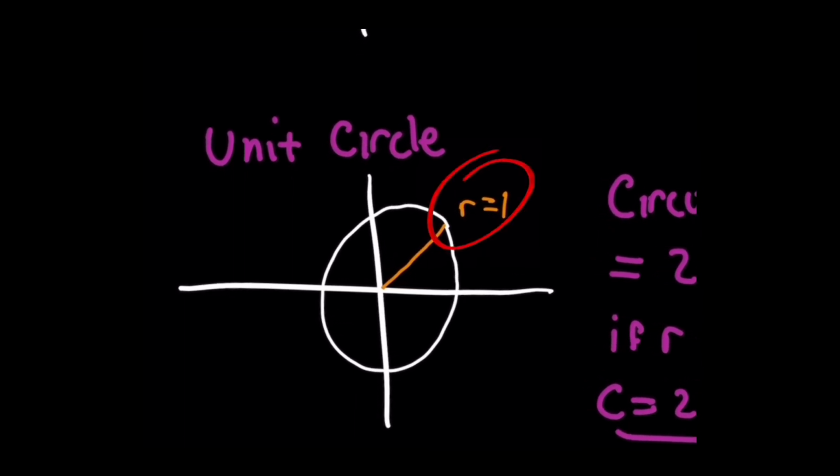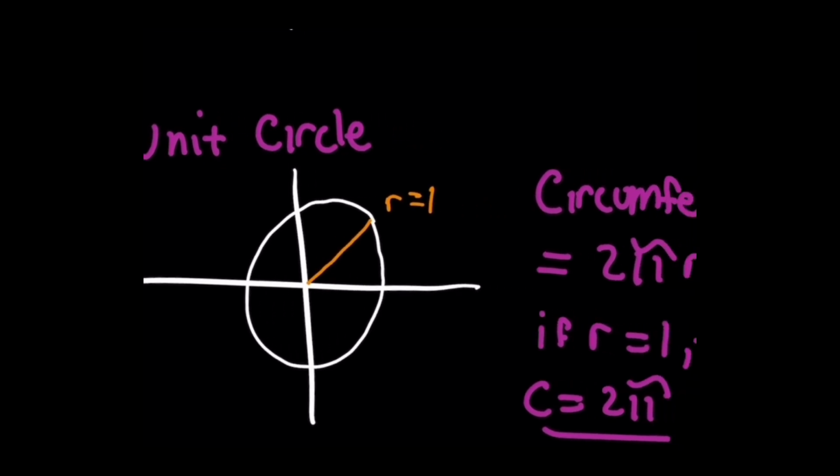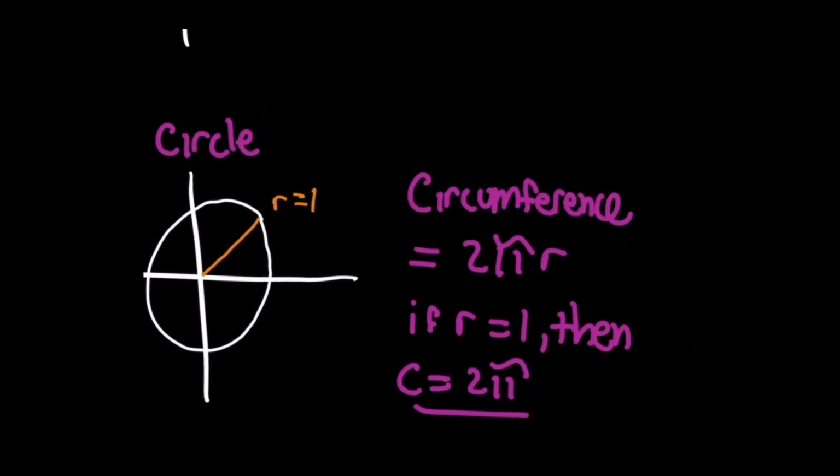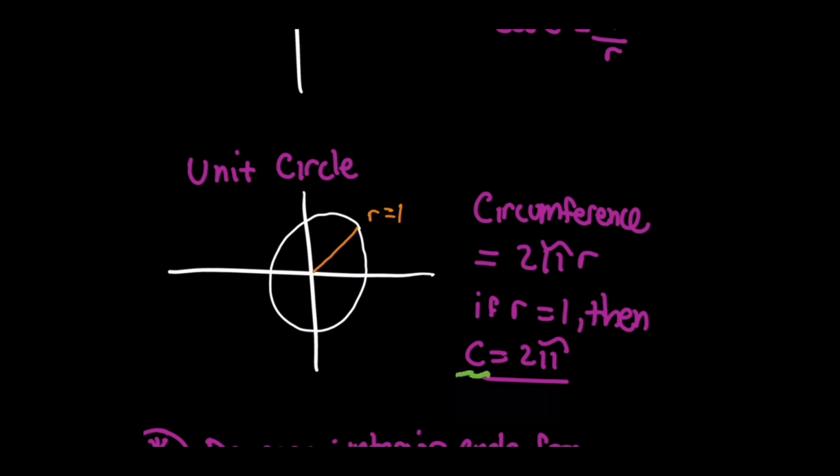And if we know that the circumference of a circle is 2 pi times r, and r is 1 in our case, then your circumference here is 2 pi. And we all know that the interior total degrees that a circle makes, if you were to fully trace it, would be 360 degrees. That's a really important point for our conversions below.